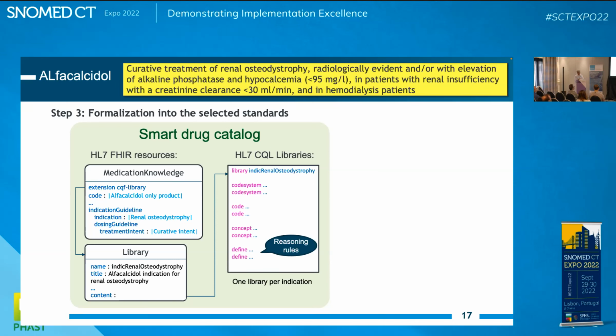And the CQL expressions, which convert all the tree that we just saw as expressions in a CQL library, which will then be loaded into a FHIR resource library referenced by medication knowledge.